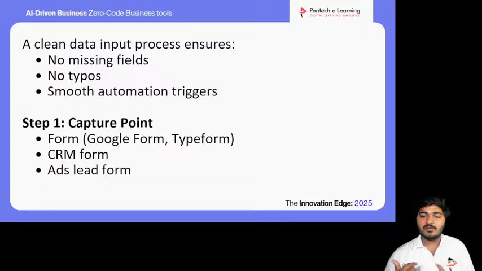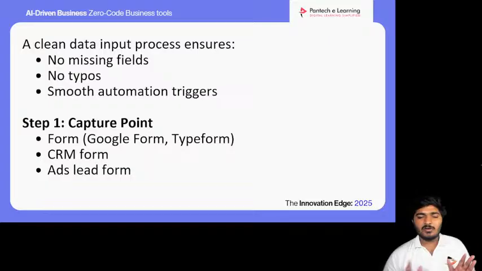We already showcased the Google Form and how the data works, and it's the same process for Typeform too. And the CRM form is the built-in form in the customer relationship management application. If you use that form, the data will be gathered tightly in the application.